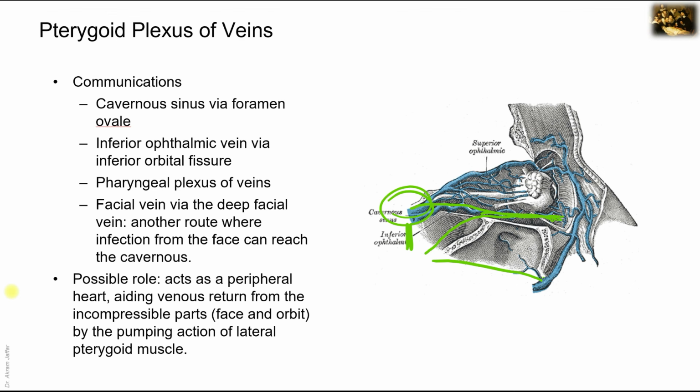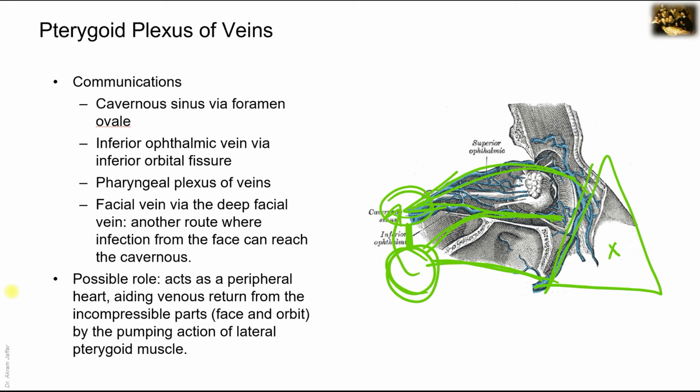These communications could provide another route of the spread of infection from the dangerous triangle of the face. That infection could pass through the ophthalmic veins directly to the cavernous sinus, or it could pass indirectly through the deep facial or the inferior ophthalmic vein to the pterygoid venous plexus, and then it communicates with the cavernous sinus.